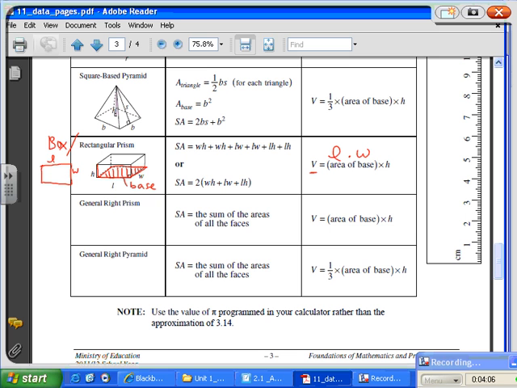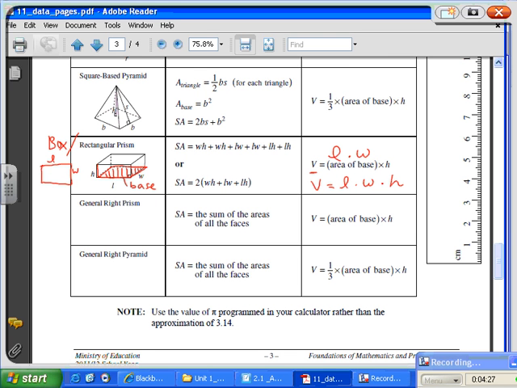Okay, so another way we can rewrite volume, and I'm going to encourage you to write this right now on your data sheet. Volume is equal to the length times the width times the height. And that is a little bit easier to work with than the area of the base times the height. Okay, you should always have 3 dimensions, length, width, and height, and we're going to multiply them together.